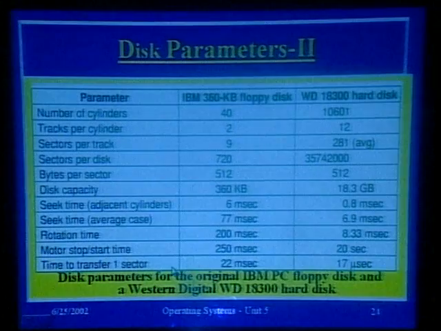Time to transfer one sector, here we have 22 milliseconds, here we have 17 microseconds. The latest hard disk provides us much more storage space, as well as much more speed with which we can access that information for our processing purposes.